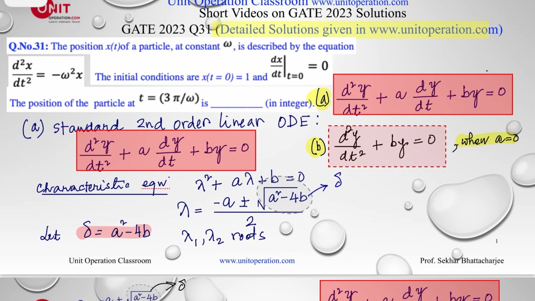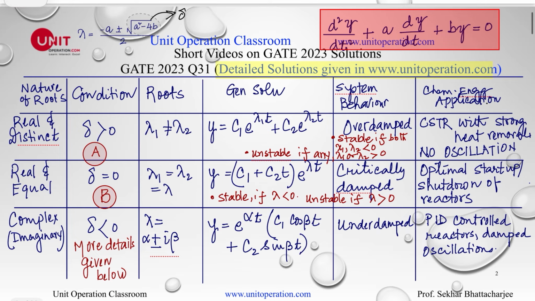The characteristic equation is given by this one, and this is my discriminant, which we'll call delta. Lambda 1 and lambda 2 are the roots.